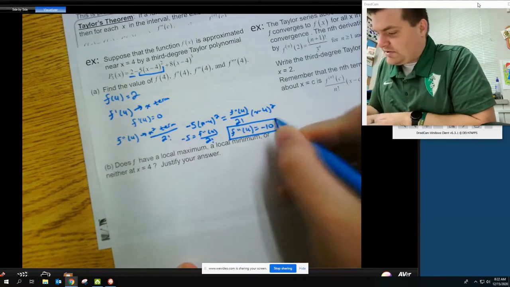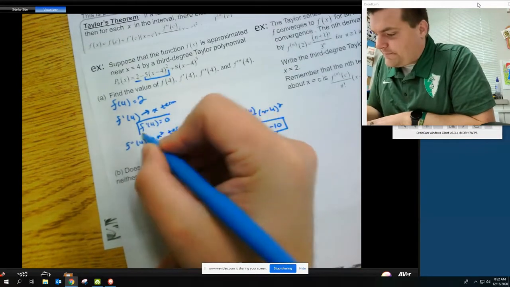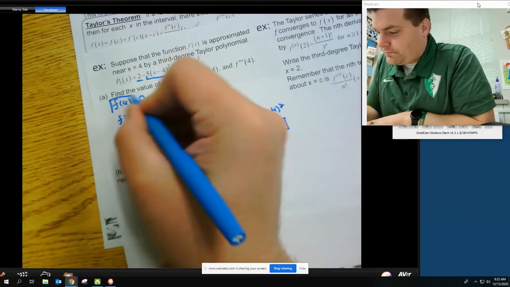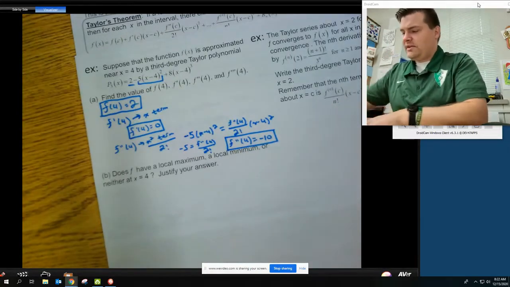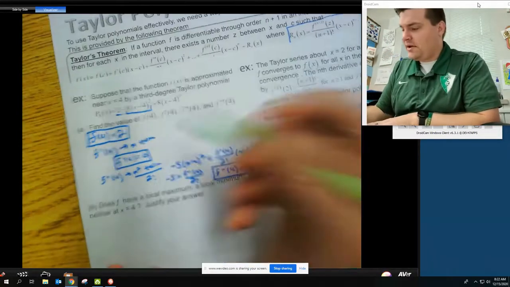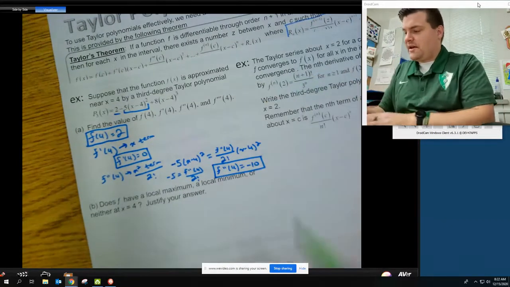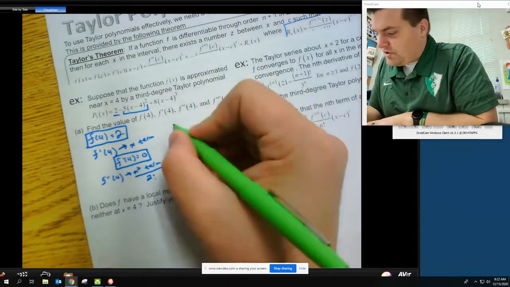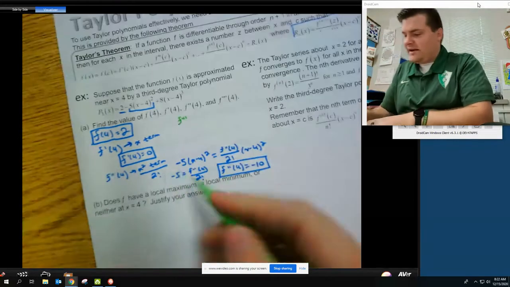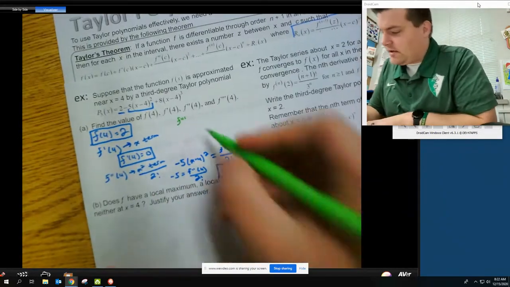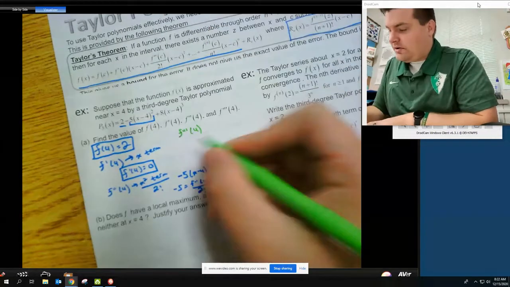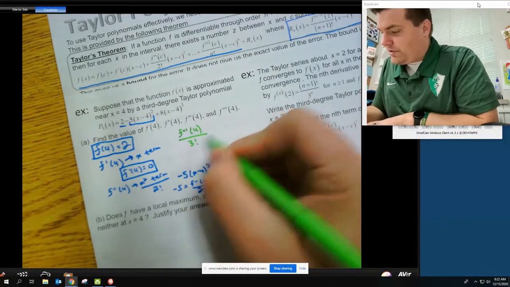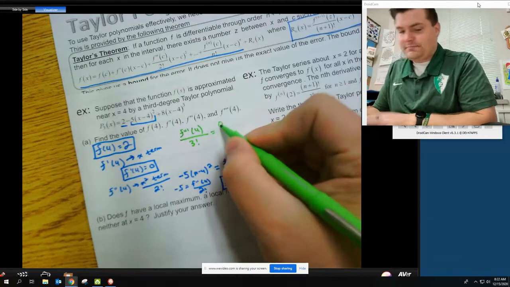All right, I'm going to start just boxing up what I got. And then I'll do the last part in green, because I have a little room right here. Same thing's going to be true here for the f triple prime. So for f triple prime of 4, now that I kind of went through what this is going to look like, f triple prime of 4 all over 3 factorial is equal to this 8 value right here.